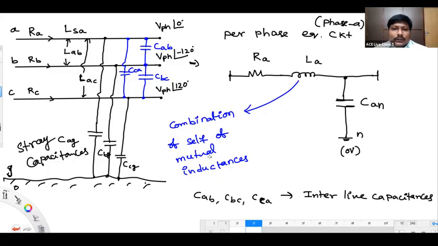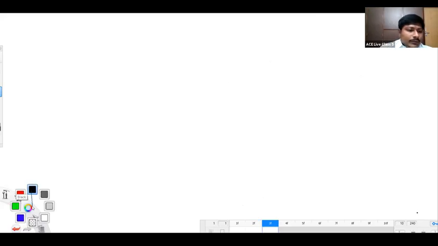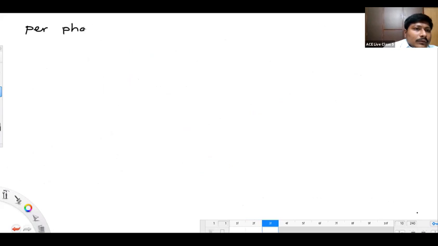So not only these three elements that we have shown, but also the per phase model from this one. In the next slide I will show the per phase equivalent circuit of the line consisting of these elements.